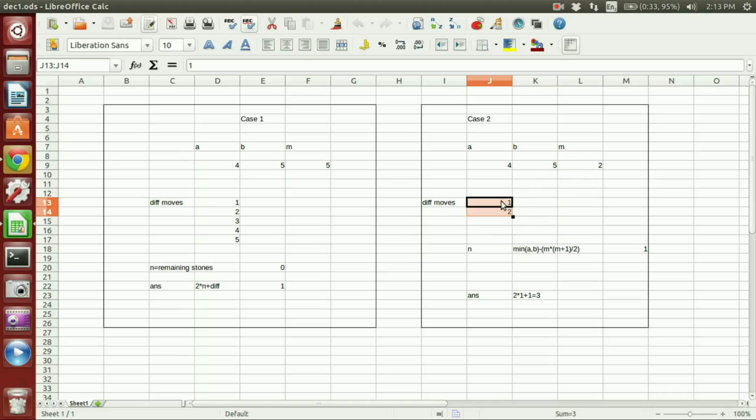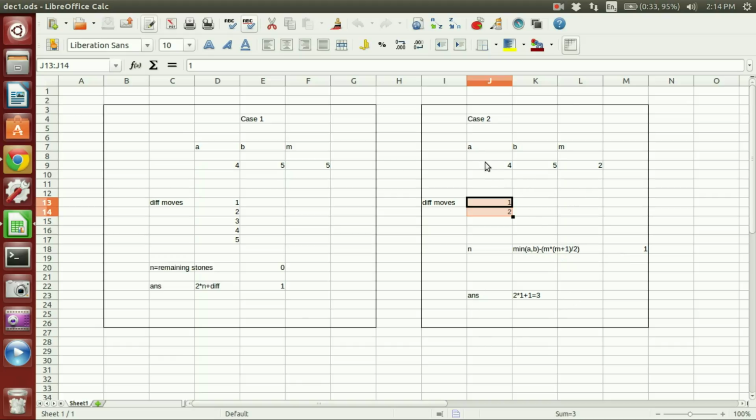So the summation here is 1 plus 2, that is 3. So we can't represent 4 from these moves, right? So n here would be the minimum among these, so the minimum 4 minus the summation of this. So summation is 3. So 4 minus 3, that is 1.